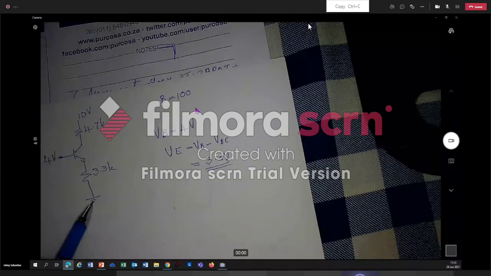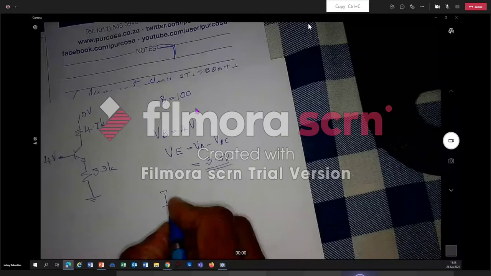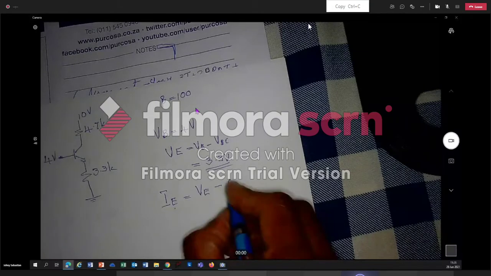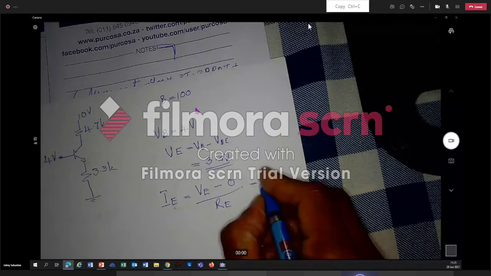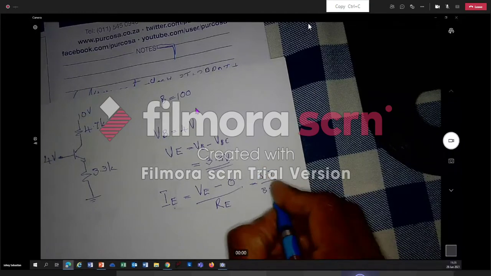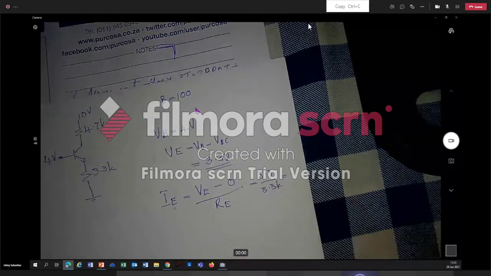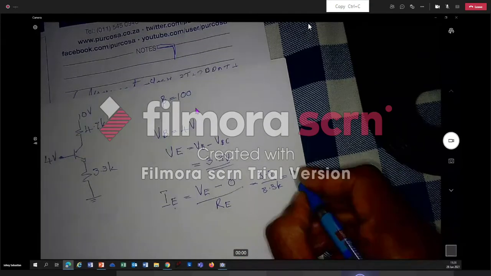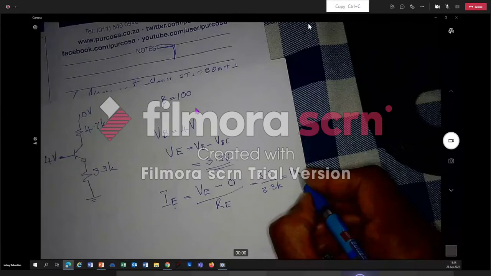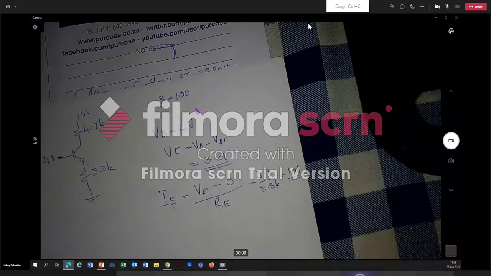Emitter current is voltage at the emitter minus 0 divided by RE. That is basically 3.3 divided by 3.3K. It is going to be 1, and 1 over K is milliampere.